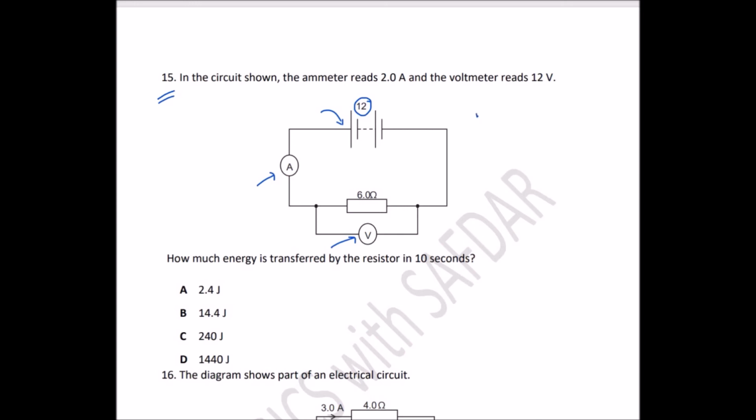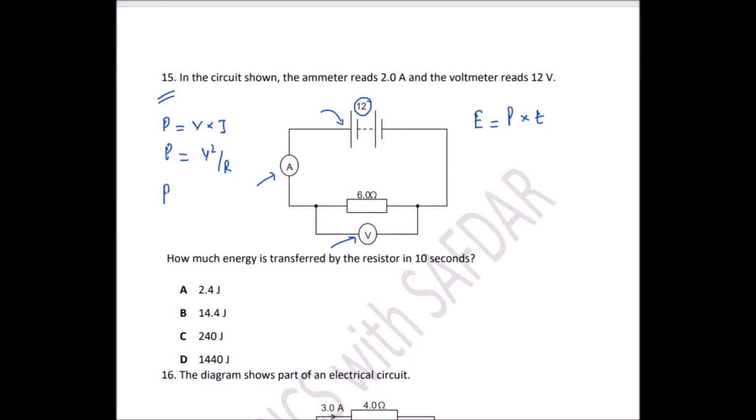Energy transferred, you know well, you can calculate by using this formula: power multiplied by time. And for the power, we have 3 expressions. Power you can calculate as V times I, voltage and current. You can calculate power by using V squared over R, voltage squared over resistance.